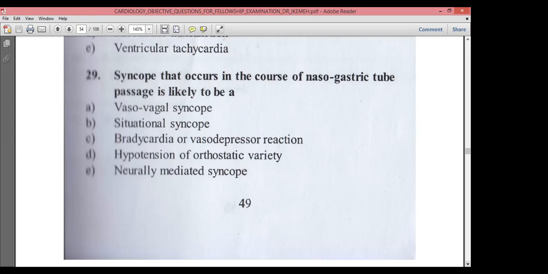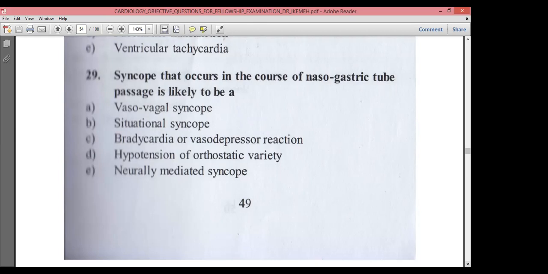I'll just post this on our group, because there is a table in Harrison that lists all these causes of syncope. Then syncope due to orthostatic hypotension, and cardiac syncope due to different types of cardiac arrhythmias like sinus node dysfunction, ventricular tachycardias, and so on and so forth.